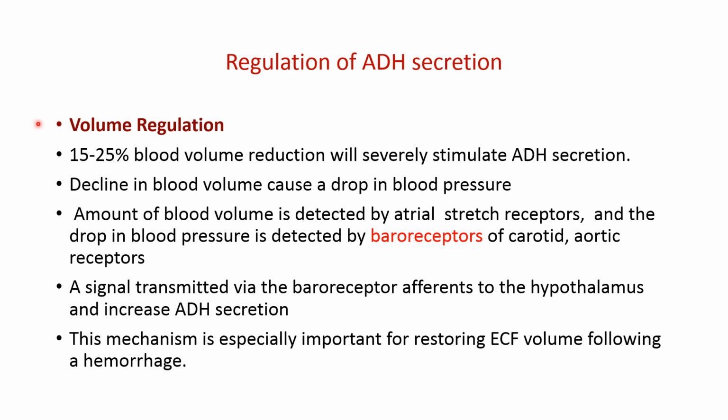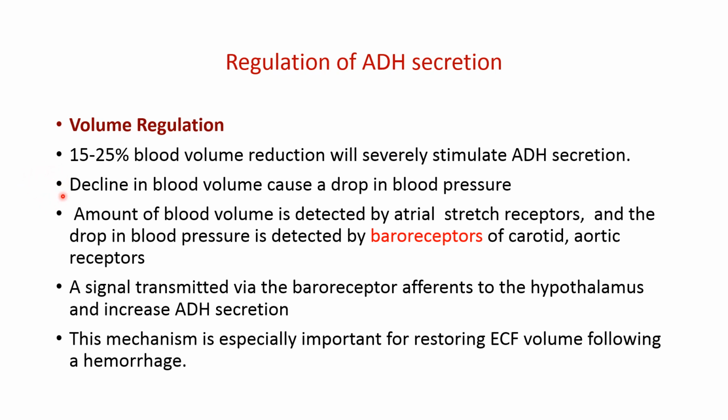If we have hemorrhage, for example, and the amount of blood is reduced by more than 10%, 15 to 25%, this is a strong stimulus for ADH. And of course, as you may remember, the decline in the blood volume will cause a decline in the cardiac output and a decline in the blood pressure.